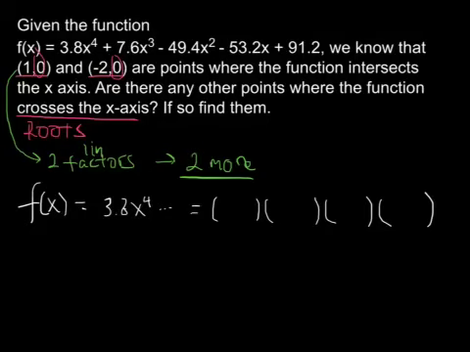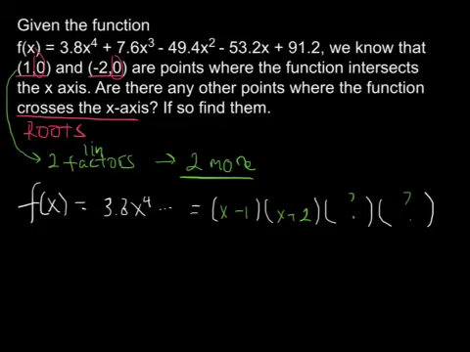And we just so happen to know 2 of them. From the point 1, 0, we know that x minus 1 must be a factor, and from the point negative 2, 0, we know that x plus 2 must be a linear factor. And what we're trying to figure out is what are the other 2. If we can find the other 2 using those factors, we can figure out the other 2 roots.